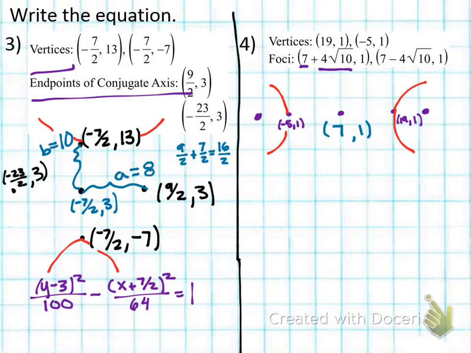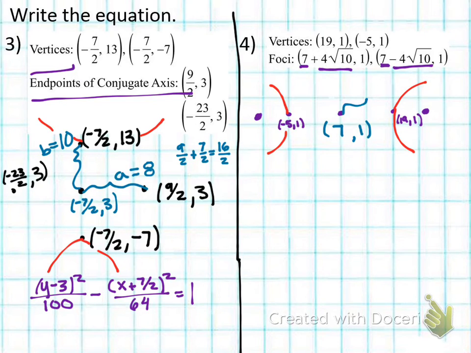And I stay at 1 here, and then from 7 on the x, I go to the left 4√2. So from 7, I go to the right 4√10, and from 7, I go to the left 4√10. So that 4√10 is exactly my C value.